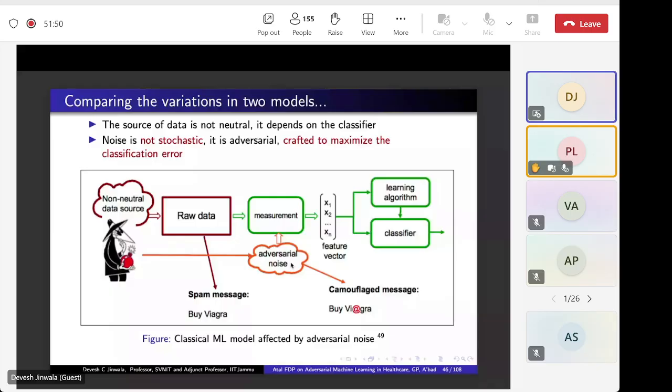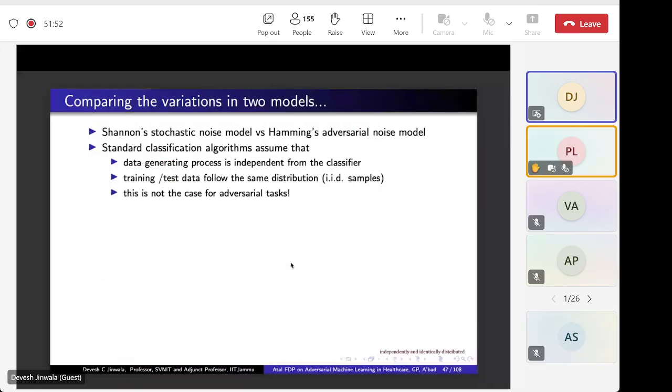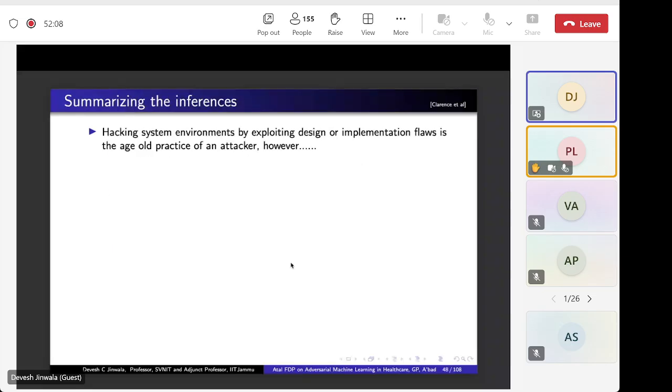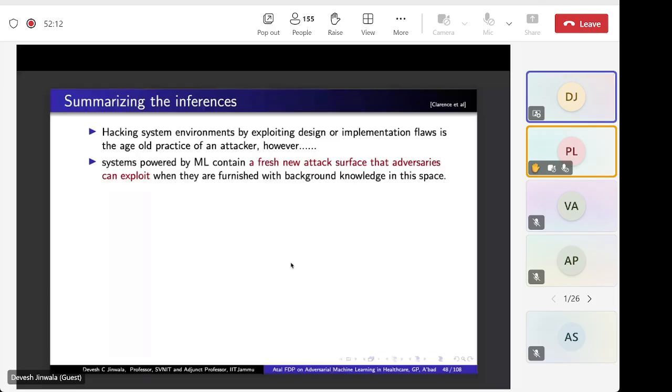So I think I explained this earlier. The two models, Shannon's stochastic theory or random noise theory, versus the adversarial noise theory, which is given by Hamming. And the details which are shown here, I'll not read them because I think I have tried explaining them. And these are the summary of the inferences. But I'll have one more view on this by means of a beautiful diagram which appears in a textbook.